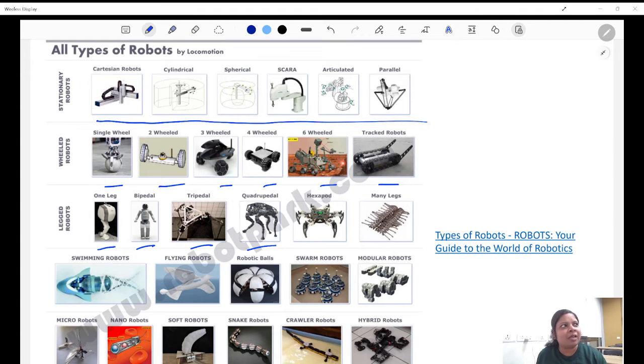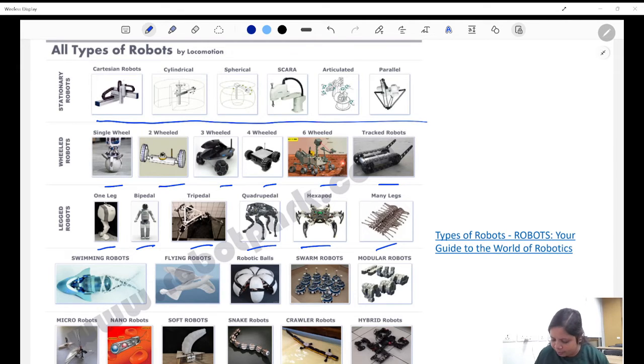In India, I guess we have two or three startups that are making quadrupeds. They are doing good, but Chinese robots are somewhat much ahead of us, and we need to work a lot to meet the standards that they have achieved. This is a hexapod, which is something with many legs.